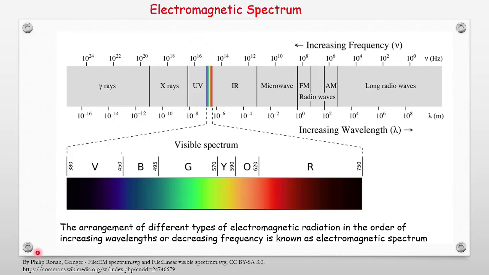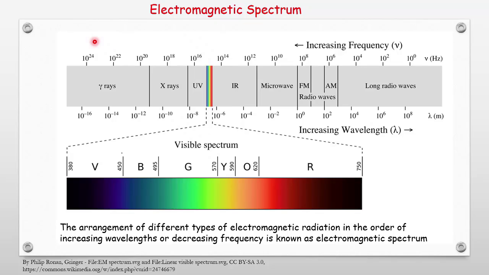There are different types of electromagnetic radiations. And the arrangement of these different types of electromagnetic radiations in the order of increasing wavelengths or decreasing frequency is known as electromagnetic spectrum. This is the arrangement of the electromagnetic radiations in increasing wavelength, lambda, from left to right, and from right to left they are arranged in increasing frequency.